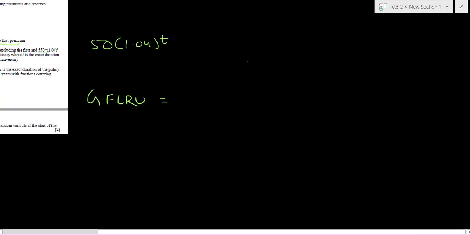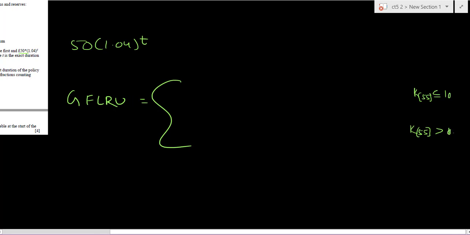If he does not die, there's no death benefit payable. So you need two cases in this as well. So K55 is less than or equal to 10. This is select obviously, and K55 select is greater than 10. These will be the two cases that you have.